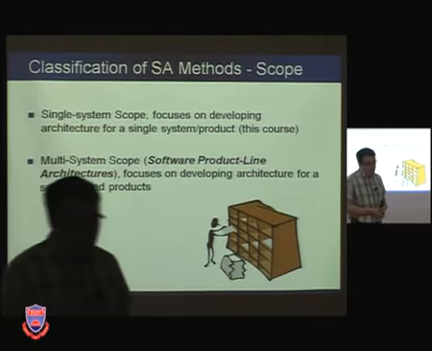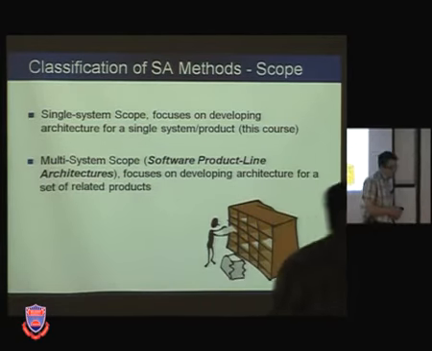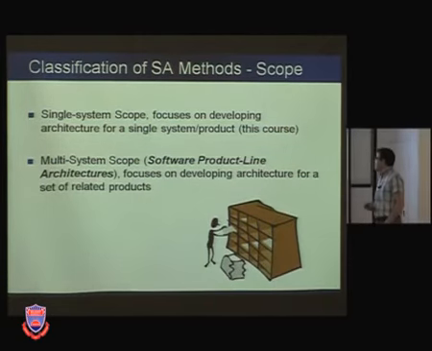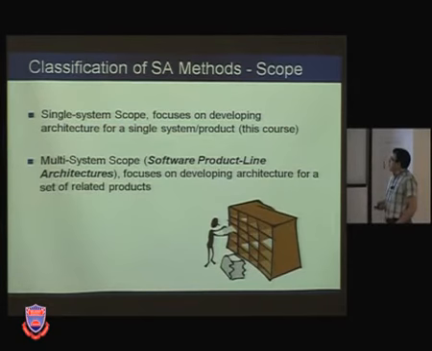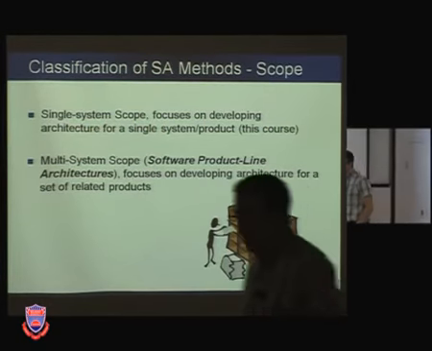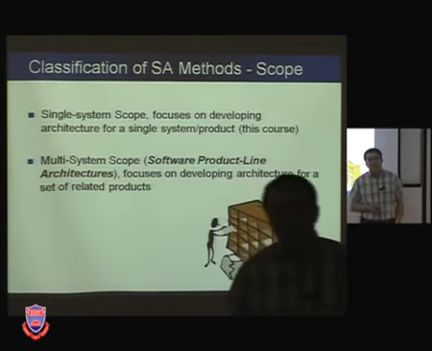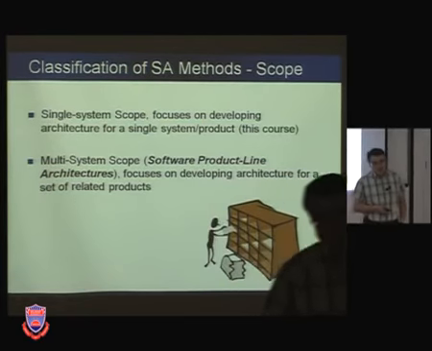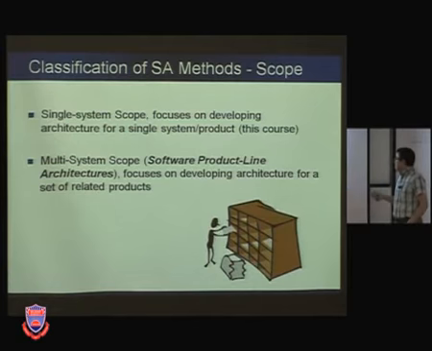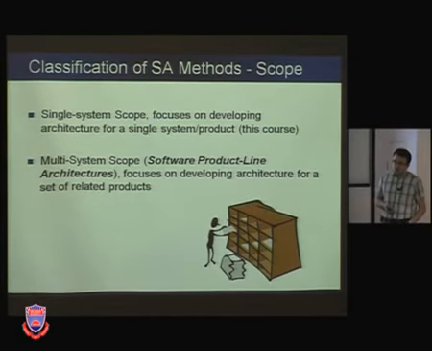Right? The second category is the multi-system scope. It's basically software product line engineering or software family engineering. There the focus is on designing architecture for a set of related products. Okay?